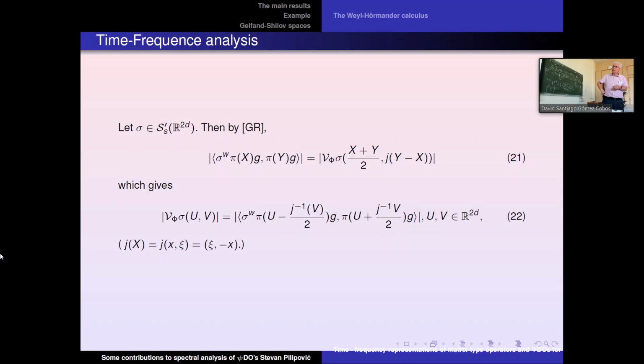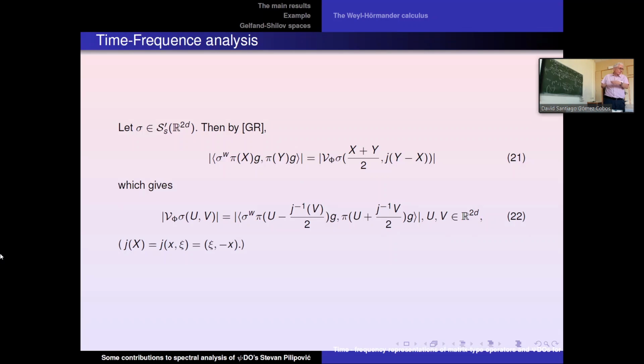And so if you just make a change of variables, you come to that relation. Now you have this side on the left. And you should remember j of x, xi, this is xi, minus x. Yesterday, this was what the symplectic transform does on the vector x, xi. So xi goes in front.